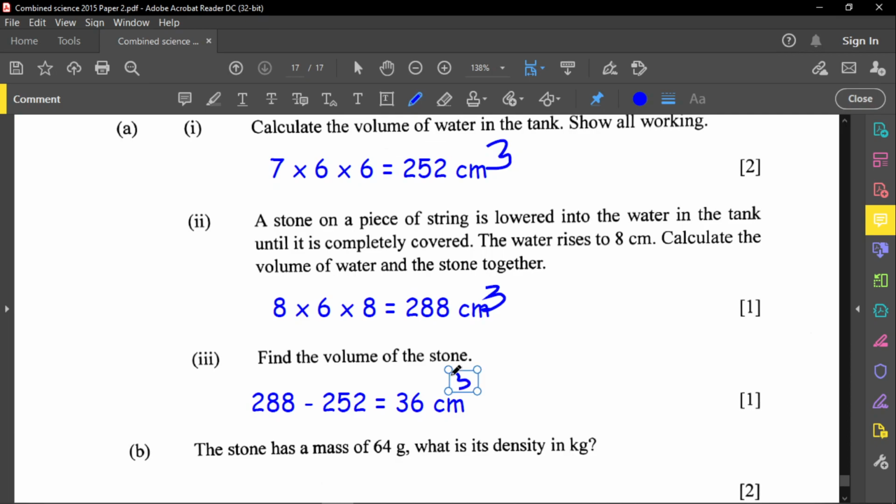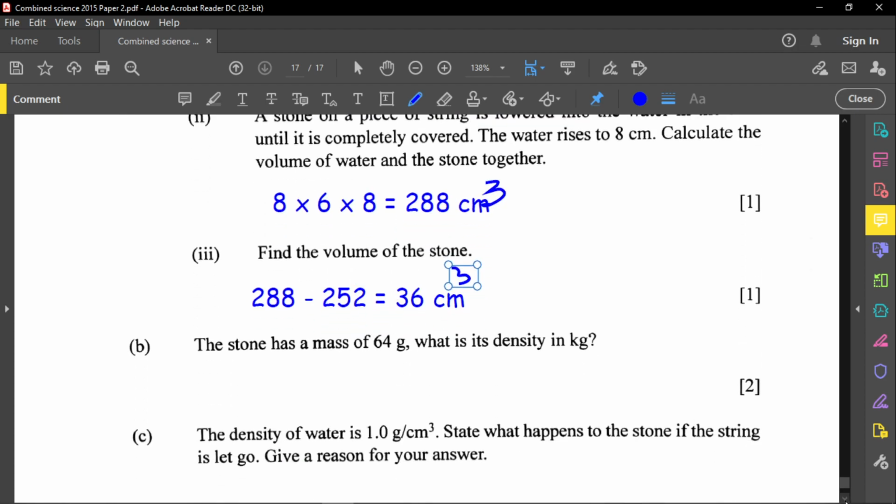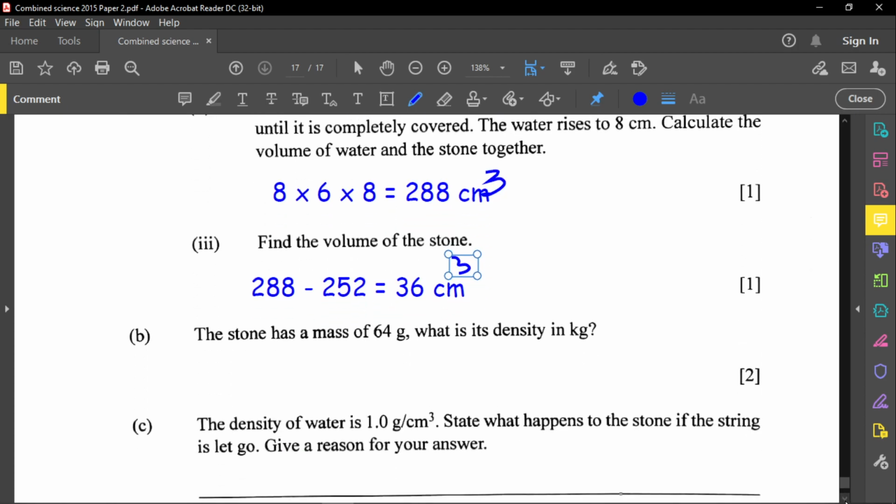Okay. All right, now the next part of the question here reads that the stone has a mass of 64 grams. What is its density in kilograms? And so when I say kilograms here, what is actually meant is kilograms per meters cube, because what I want you to remember, density is either gram per centimeters cube or kilograms per meters cube.